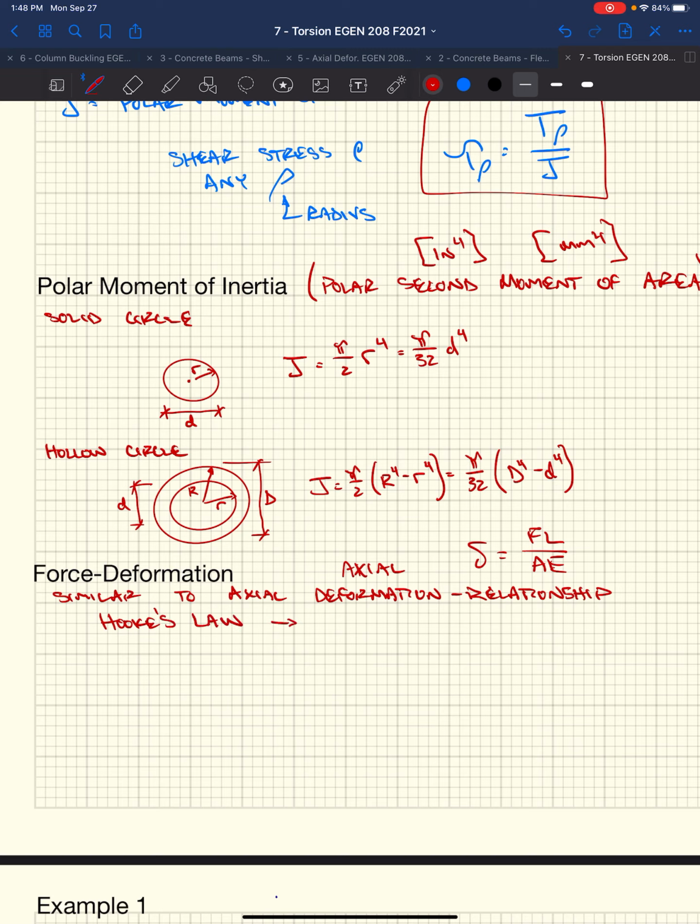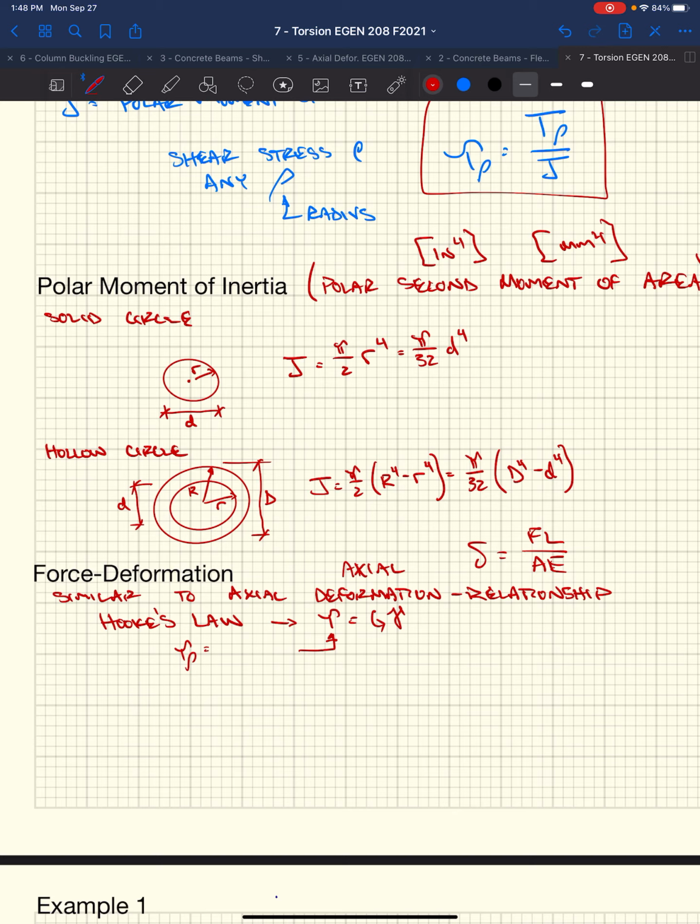That tells us that stress is our shear modulus times our shear strain. Well, we know from previous notes, I keep writing P, but it's not P, it's rho.